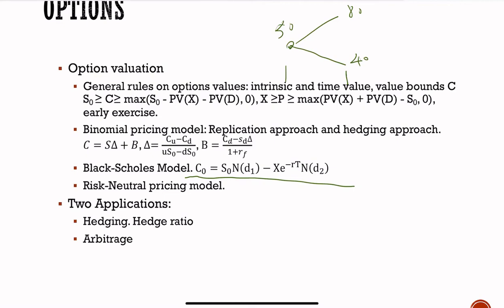So you will want to find out, for let's say one stock, how many call options you want to sell to build this hedging portfolio. And then you will get the value of this hedging portfolio, and you will discount the value of this hedging portfolio using risk-free rate. So this will give you an idea in how to calculate the call option's price.